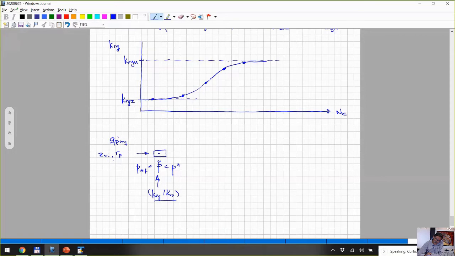So this line, the way we did all the correlation work and the way our correlation works, is for a fixed KRG-KRO ratio. Let's just take the crossing point. It could be 0.1, it could be 10, it could be 100, it could be anything. All you do is measure the pressure drop at different injection rates.